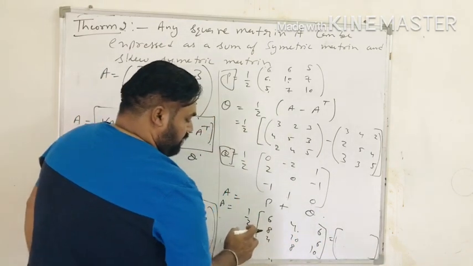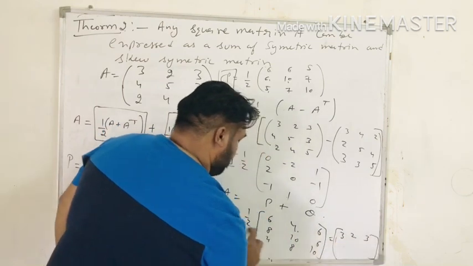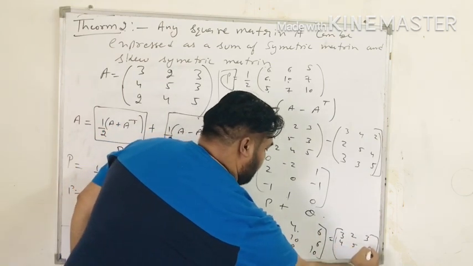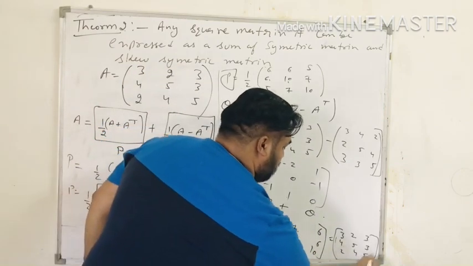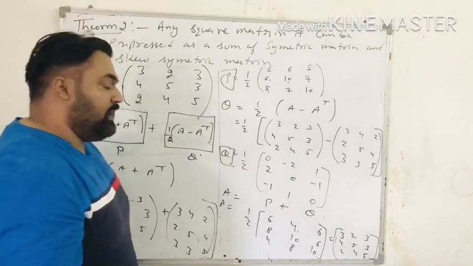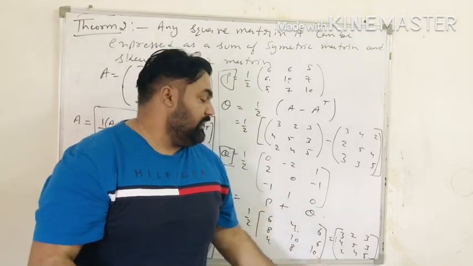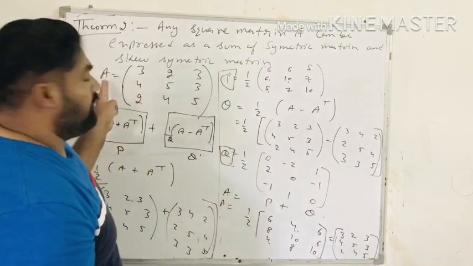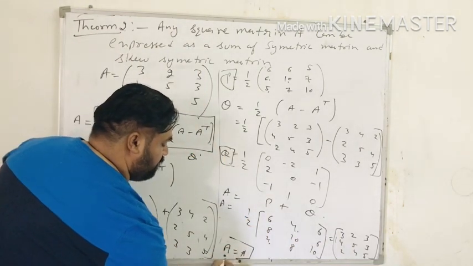So 6 divided by 2, 3, 2, 3, 4, 5, 3, 2, 4, 5. Now the final answer is [3, 2, 3; 4, 5, 3; 2, 4, 5], which is exactly the same as the value of A. So we conclude A equals A.